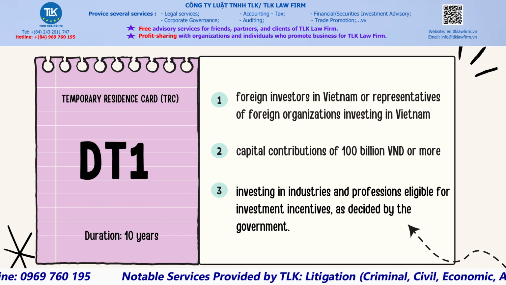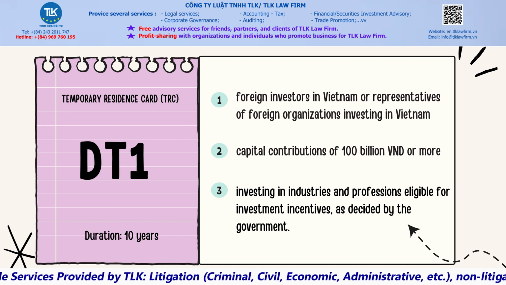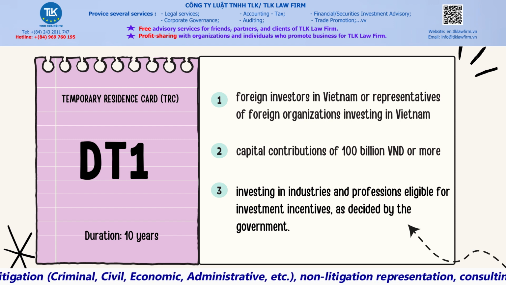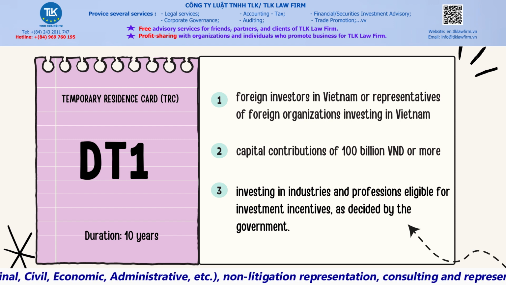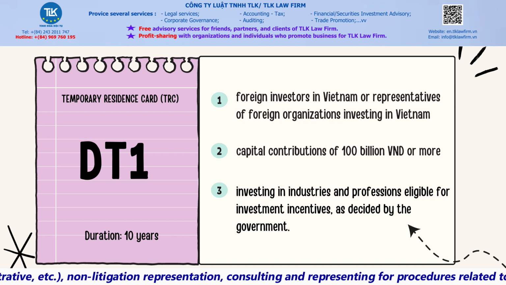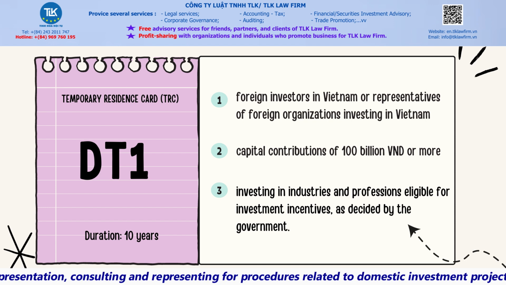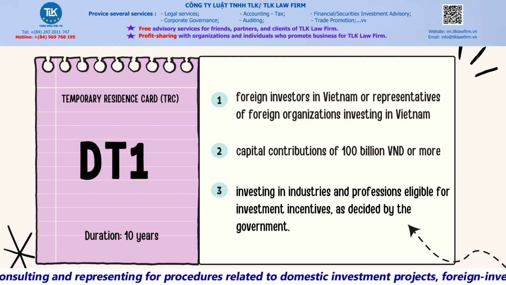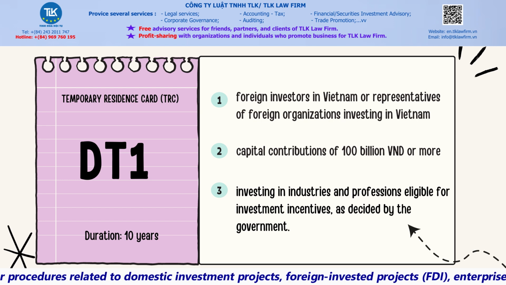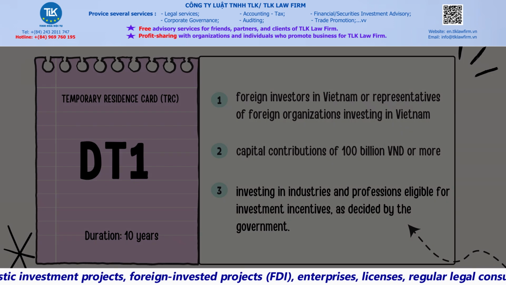Firstly, a TRC with a maximum duration of 10 years, denoted as DT1, issued to foreign investors in Vietnam and representatives of foreign organizations investing in Vietnam with capital contributions of 100 billion VND or more, or investing in industries and professions eligible for investment incentives, as decided by the government.